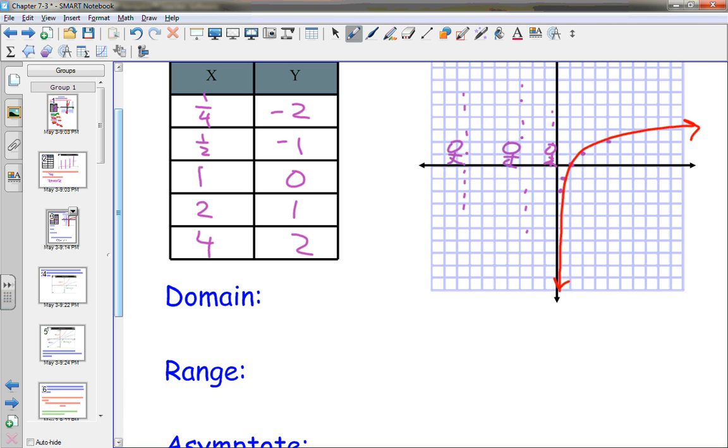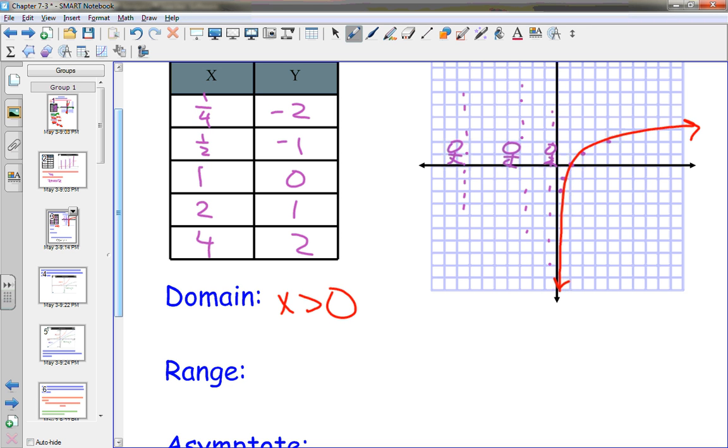Do I have any corresponding y value? No. When do I run into a corresponding y value? After I cross what value for x? 0. So what does that imply about the x value? It can't be negative, which means what does it have to be? Positive. It has to be greater than 0.